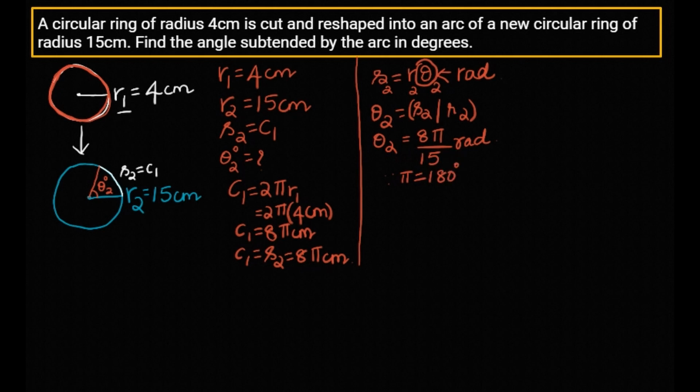That is, theta 2 is equal to 8 into 180 degrees divided by 15. 3 into 5 is 15. 3 into 60 is 180. So 5 into 12 is 60.